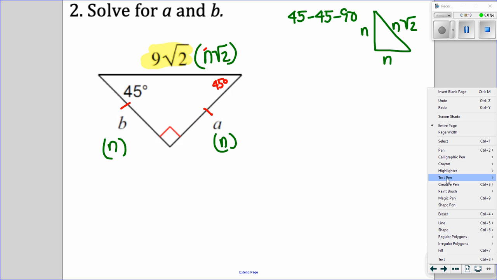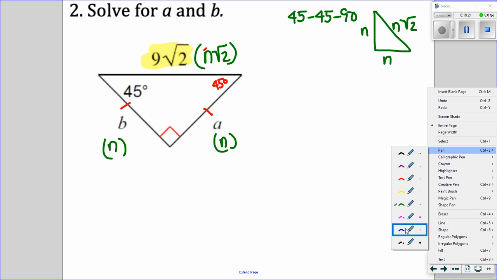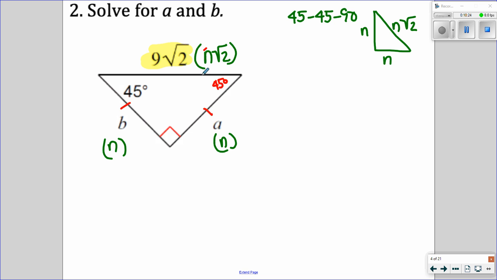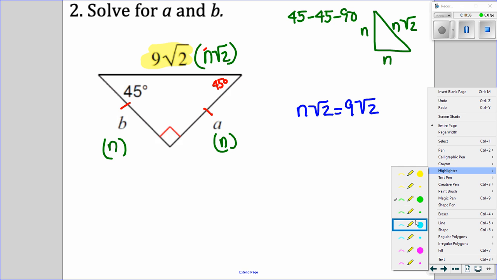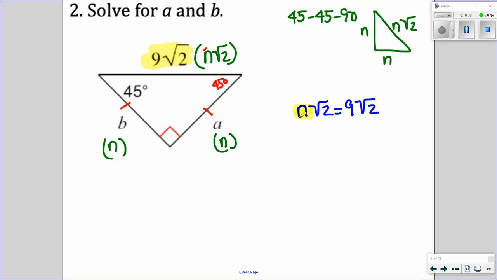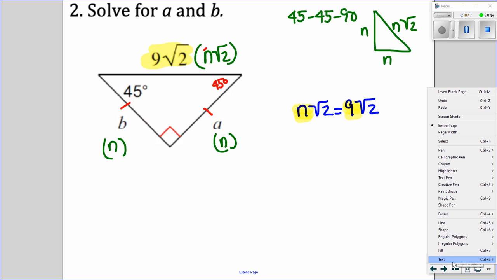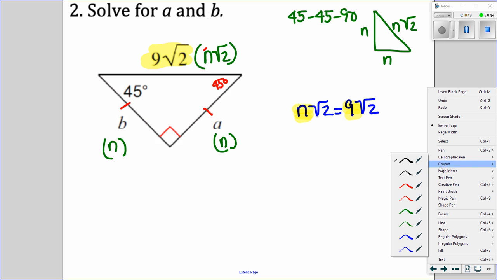Now I will start figuring things out. Since this is my n root 2, that means my n root 2 has to equal what was given, so 9 root 2. But notice where the n is located. I'm going to highlight that. Notice where my n is, right in front of the root 2. What's in front of the root 2? 9. So n is going to be equal to 9.